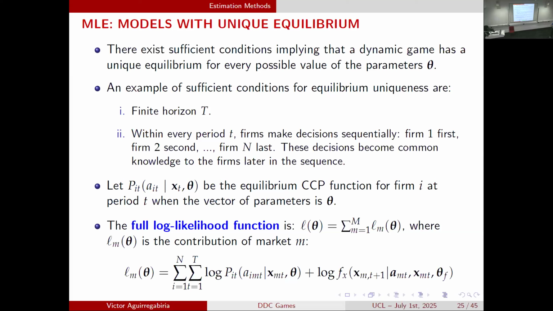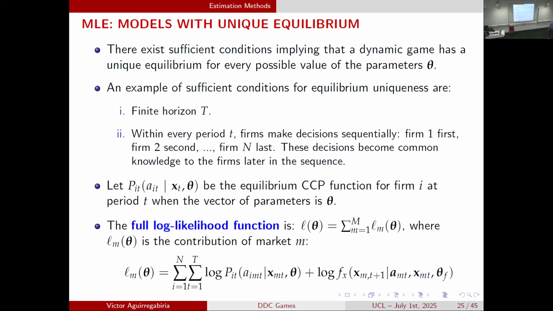We can use backward induction to show that there will be unique optimal strategies at the last period. But then we can use backward induction again and go to period capital T minus 1, and the same applies. Then we have a unique Markov perfect equilibrium for this type of game if we assume this finite horizon and sequential move within each period.